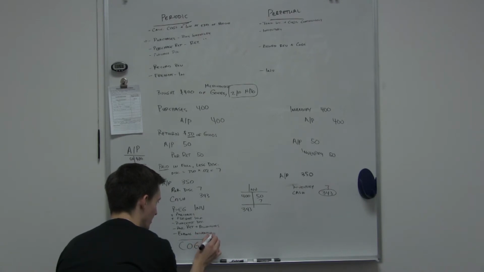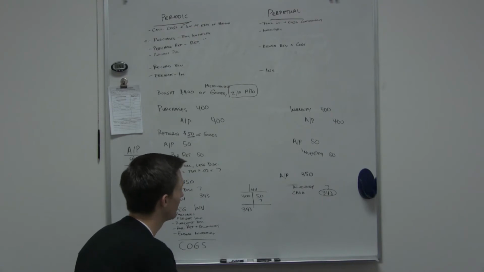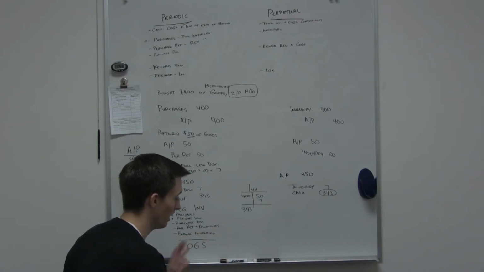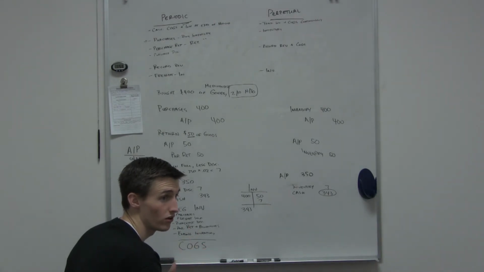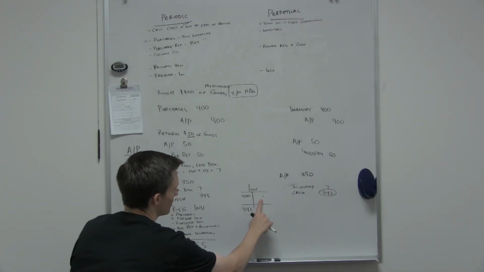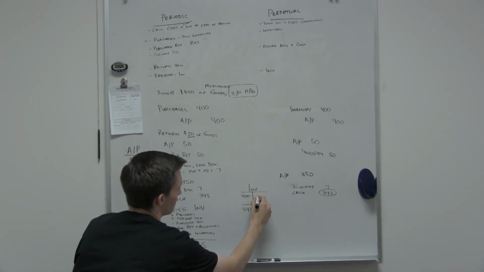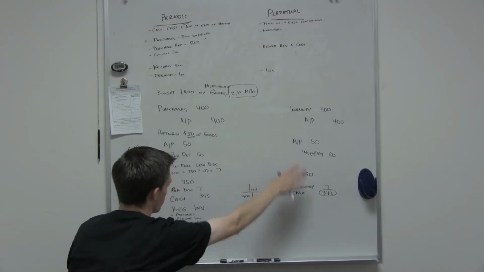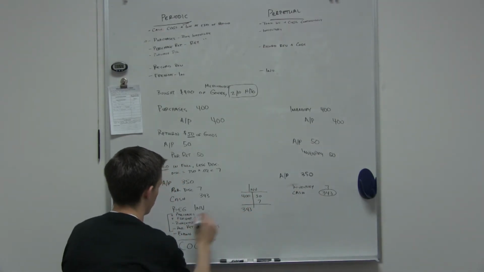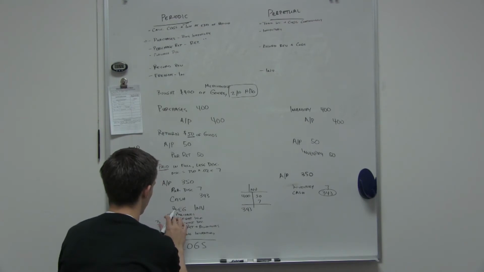If under perpetual we were just to keep track of any time inventory went up or down based on just all of our purchases, not when we sold anything, but just when we buy things, it would look like this. This is all just purchases. Look, so this is our 343.